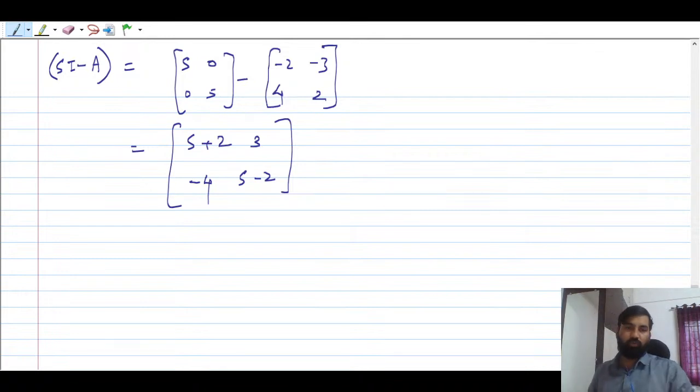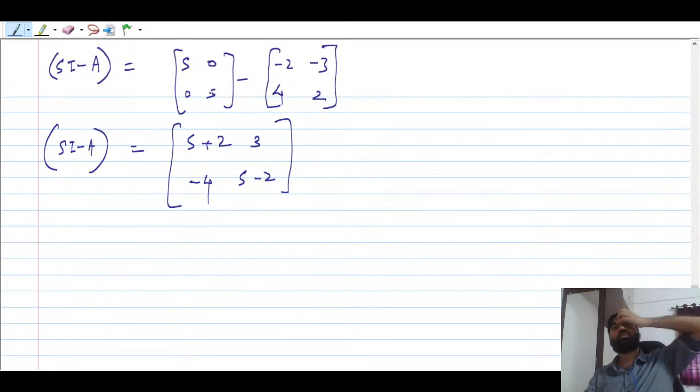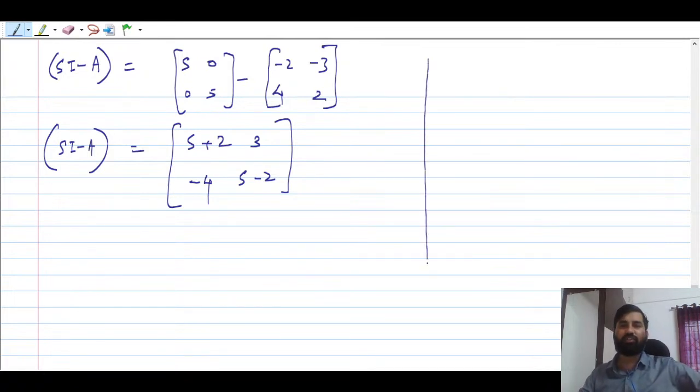Now how to find sI minus A inverse? You should know the shortcut here.